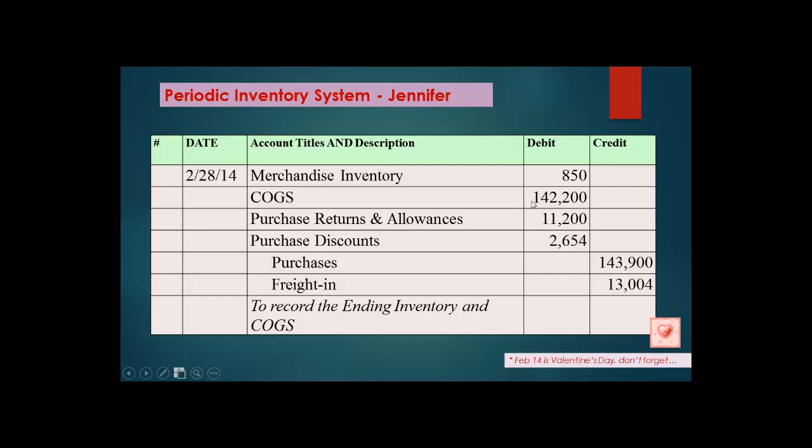So here we go with the full amount. And then this is just to eliminate these balances. We had a balance of 11,200 in purchase returns. Its normal balance is a credit. We're going to debit it. Purchase discounts, normal balance is a credit. We're going to debit it. And purchases we're going to eliminate by crediting.